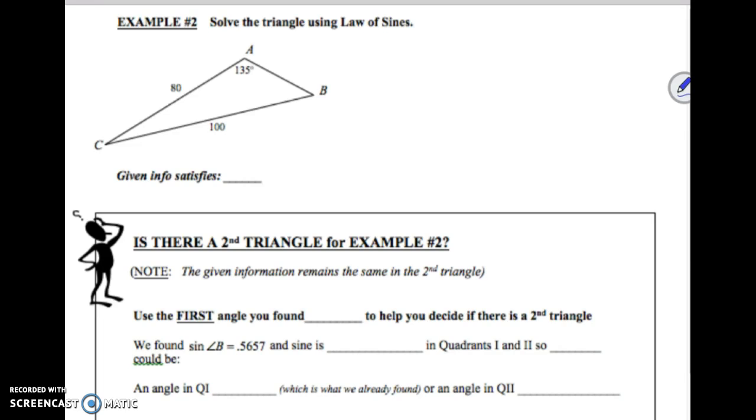So if we are trying to solve for the measure of angle B, we can say sine of A divided by a equals sine of B divided by b, which is equivalent to sine of 135, since the measure of angle A is 135, divided by 100, since the side length a equals 100, equals sine of B, which is unknown, divided by the side length b, which is 80.